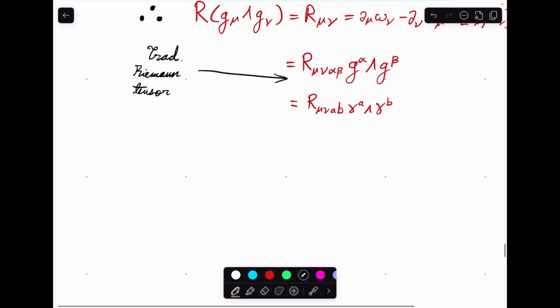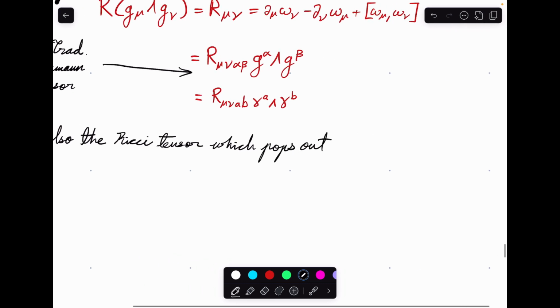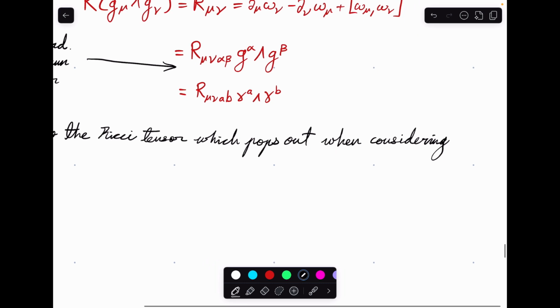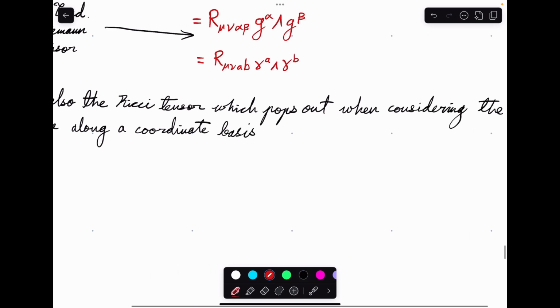Anyway, there's also not just the Riemann tensor, there's going to be something called the Ricci tensor, which pops out when considering the curvature of, or rather along, a coordinate basis, G mu.